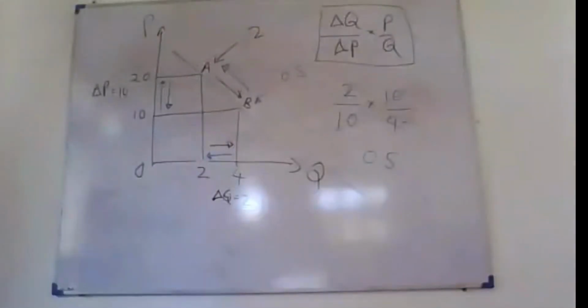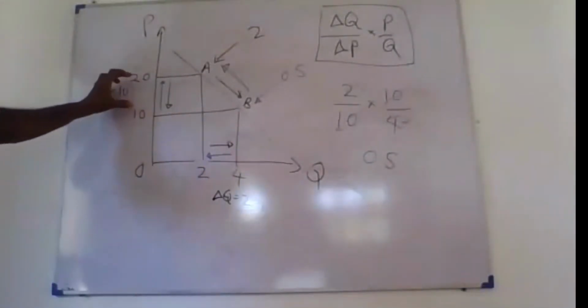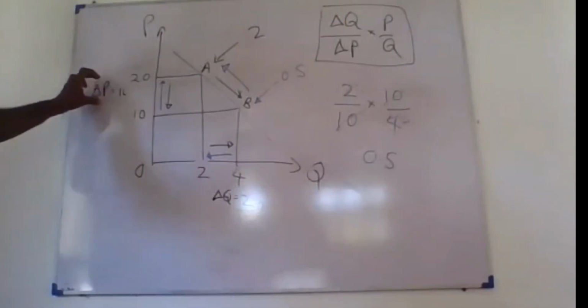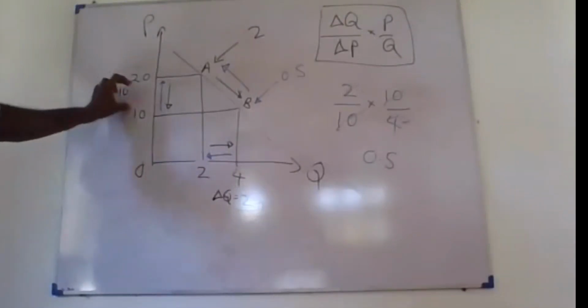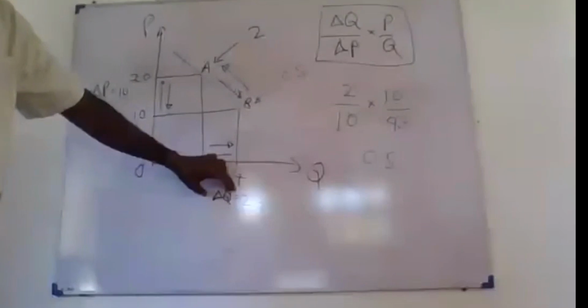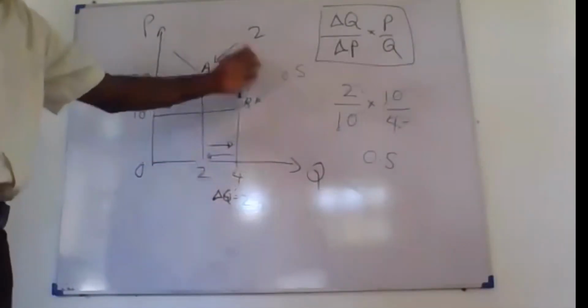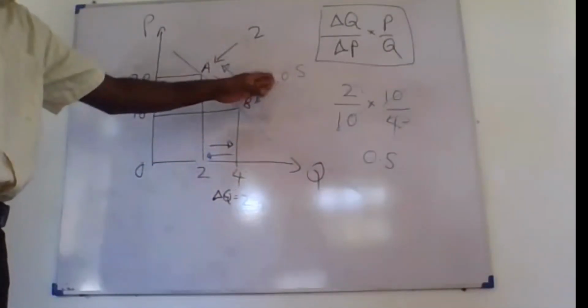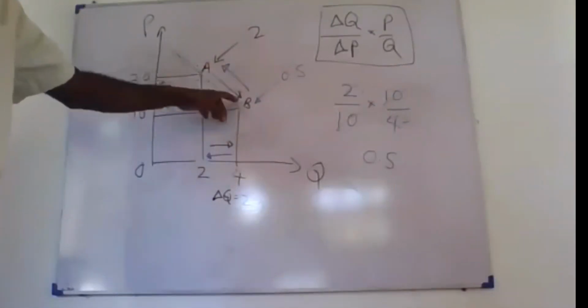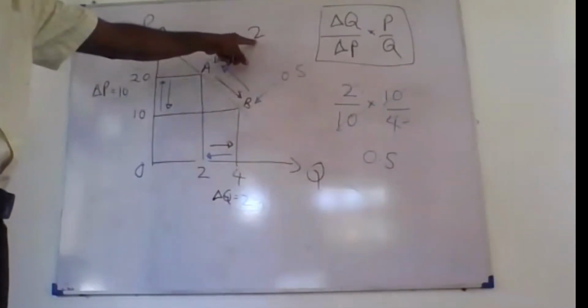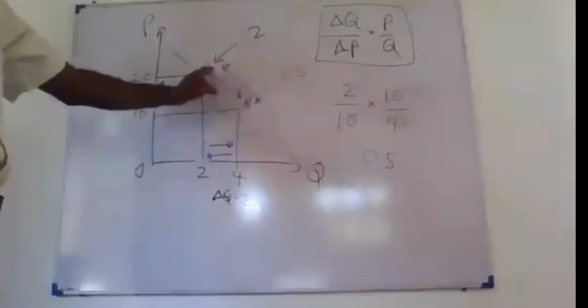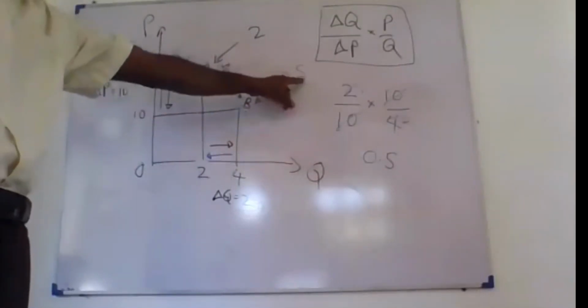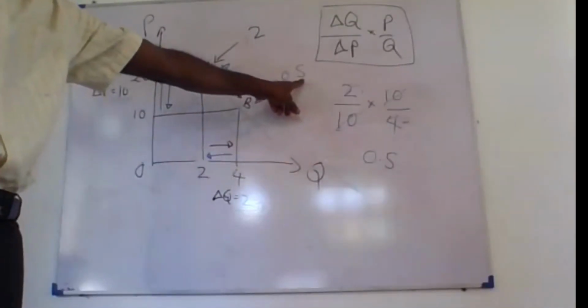Now see the problem. Now we are having another problem here. You have the same change in price, 10 rupee change in price, 4 kilos change in quantity. But see the price elasticities. Here, when there's a price decrease, price elasticity of demand is 2. When there's a price increase, price elasticity of demand is 0.5.